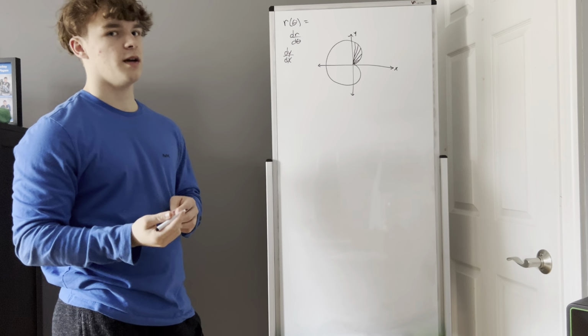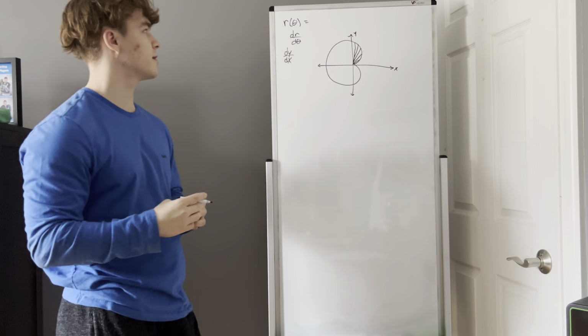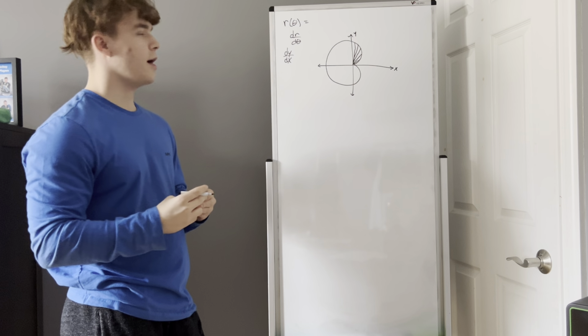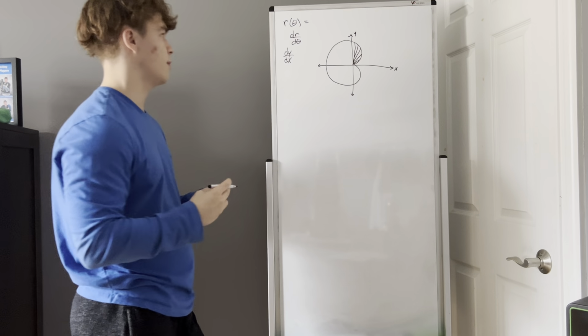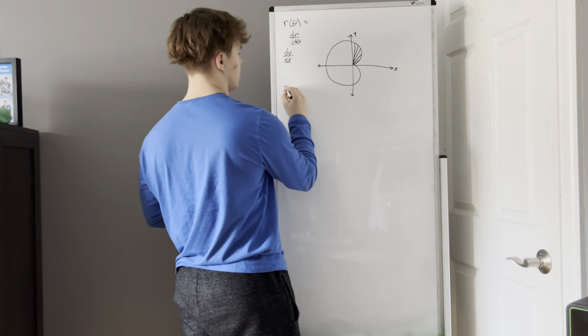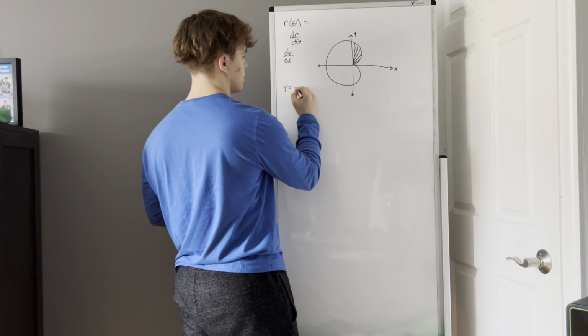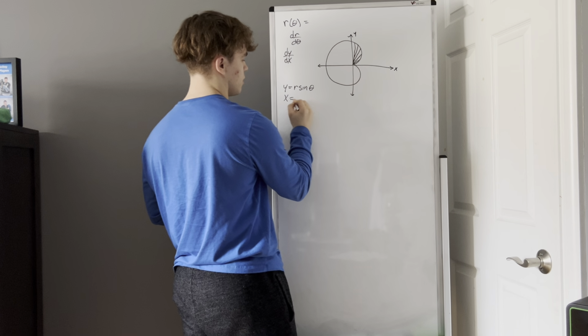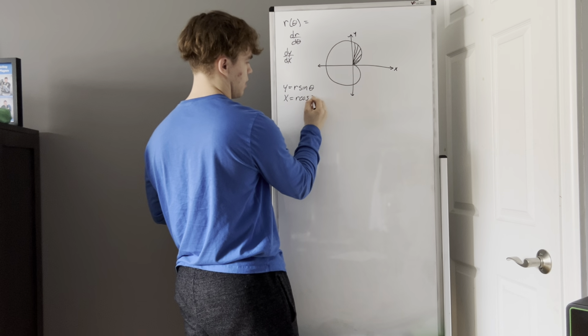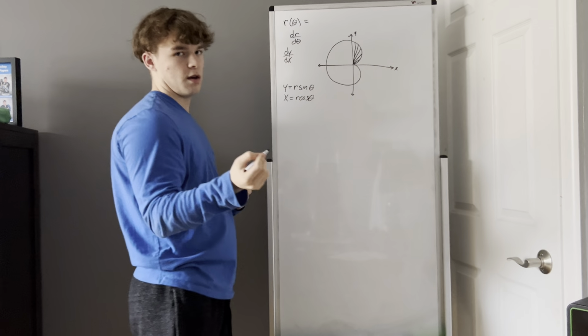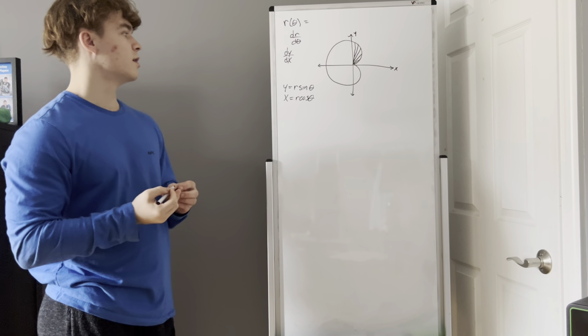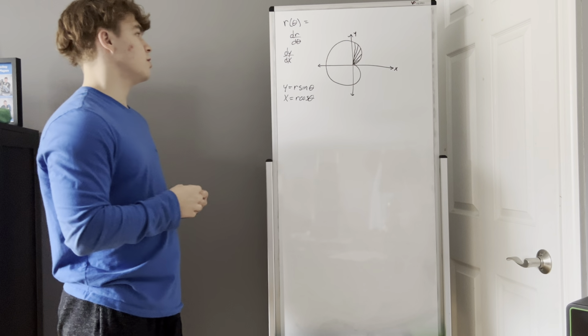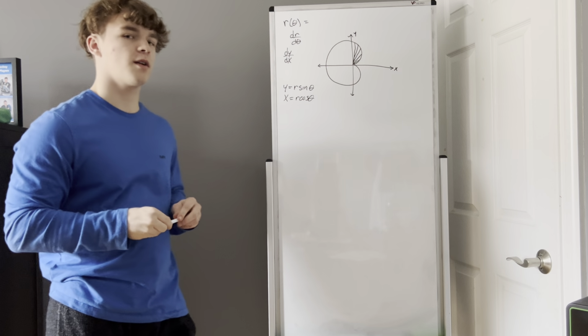This might seem like a daunting task, but all we have to remember is that y equals r sine theta and x equals r cos theta. And for that reason, we can use something like the chain rule.